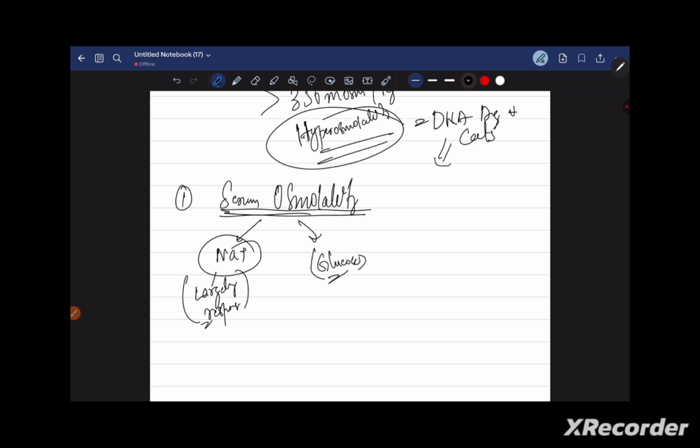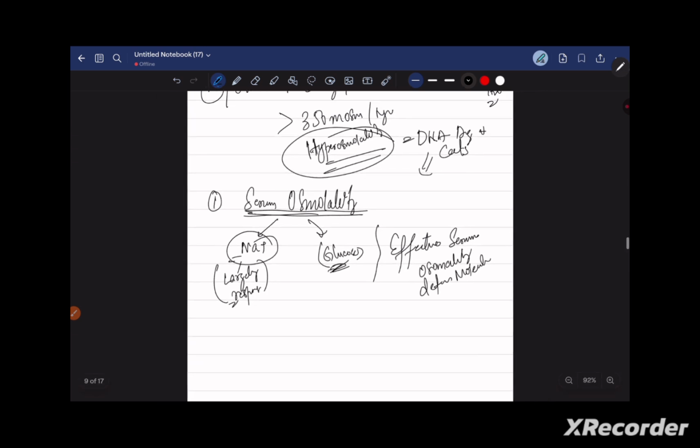These are known as effective serum osmolality determining molecules. Means these two determine the serum osmolality, mainly the sodium, and glucose to a lesser extent.